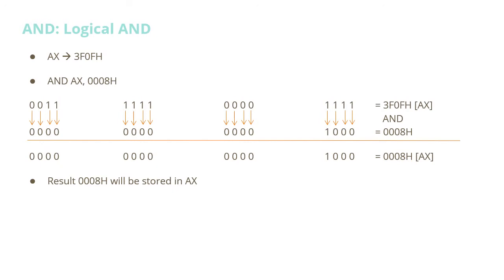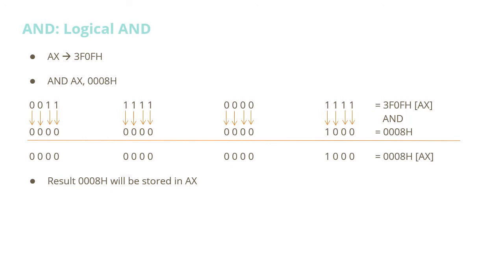Now let's understand this more clearly with the help of an example. Suppose the contents of the AX register is 3F0FH, and an instruction is being given which says AND AX, 0008H. So here what it means is to perform a bitwise AND between the immediate number 0008H and the contents of the register AX.